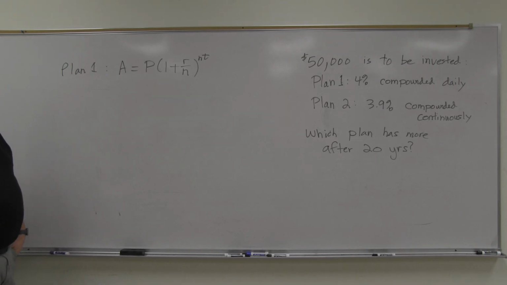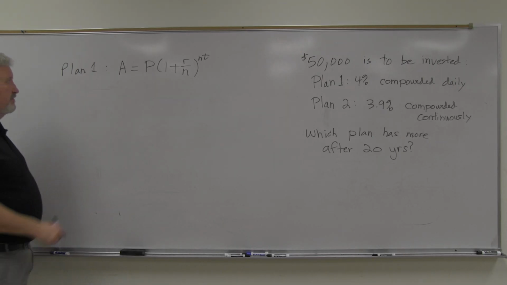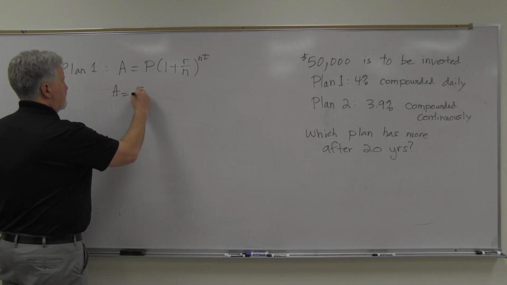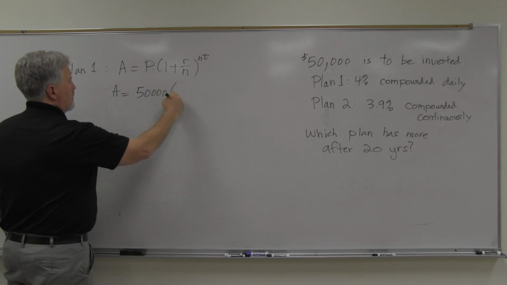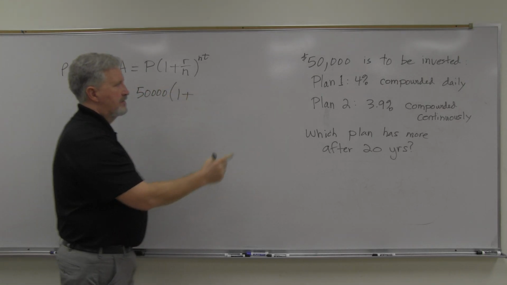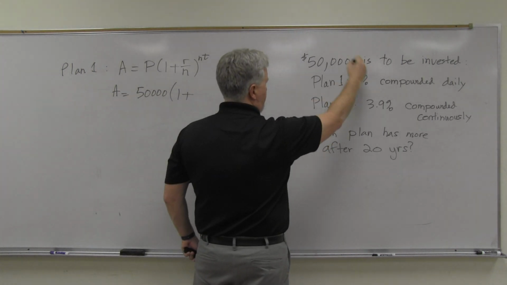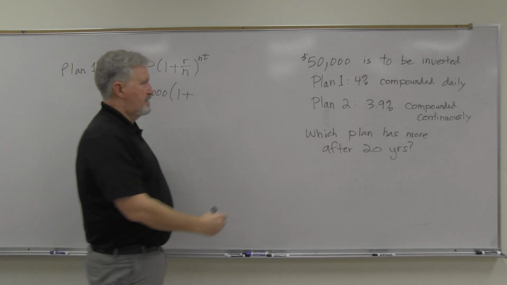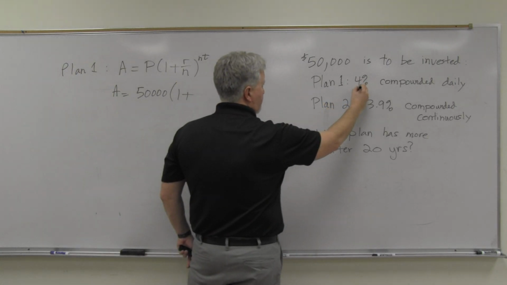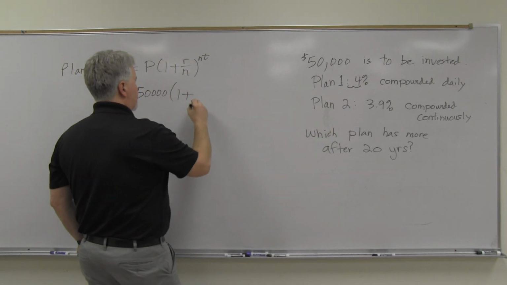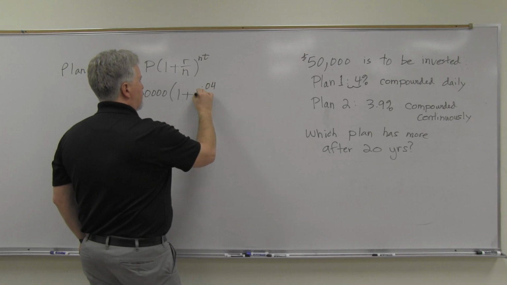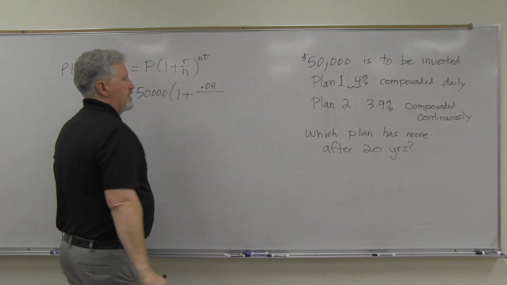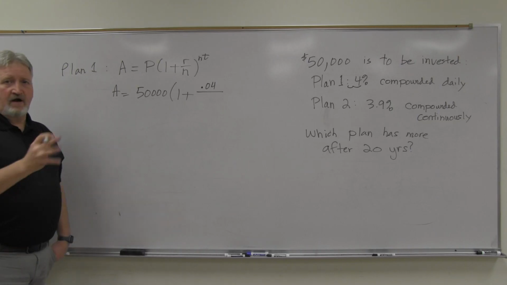So our principal amount we start with, 50,000, that's P. 1 plus, the r is 4%, so move that decimal point 2 places to the left, so 0.04 is my rate. n is the number of compoundings per year.